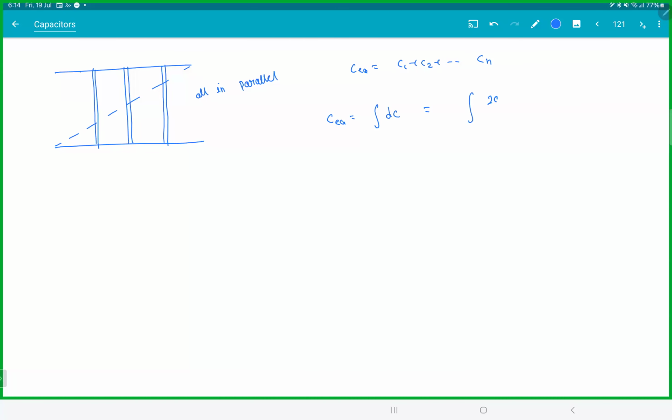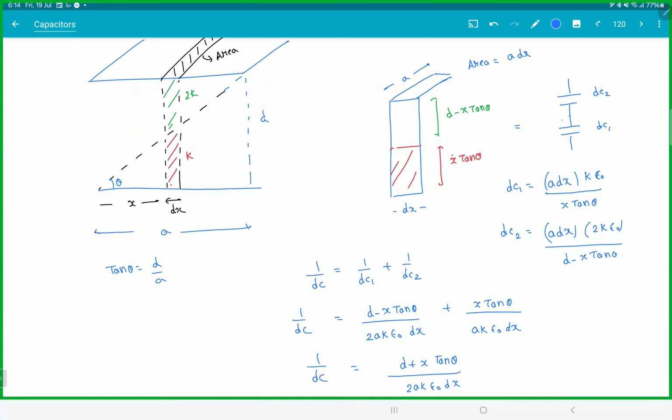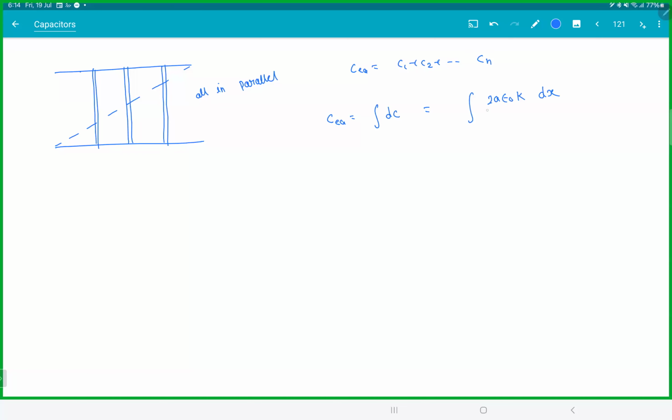So this would be 2a epsilon k dx by d plus x tan theta. Limits of x will go from 0 to a. This would be 1 by tan theta ln of d plus x tan theta.